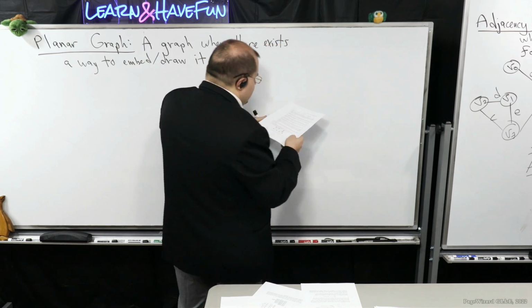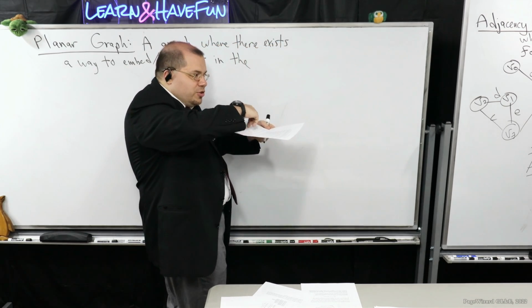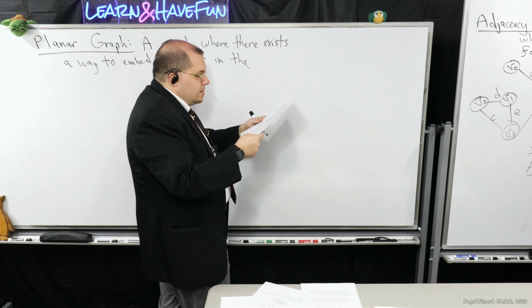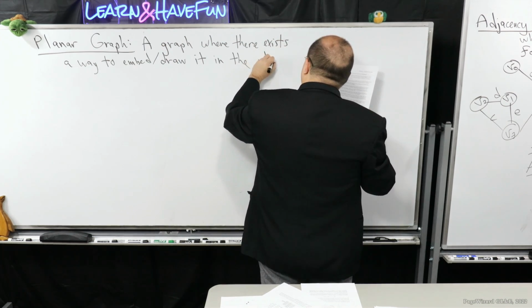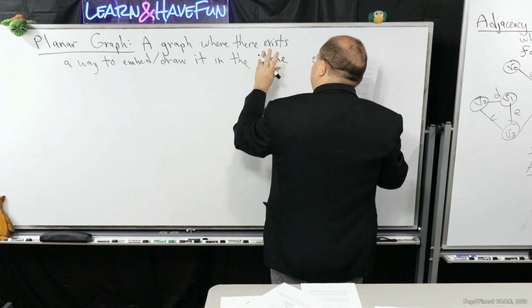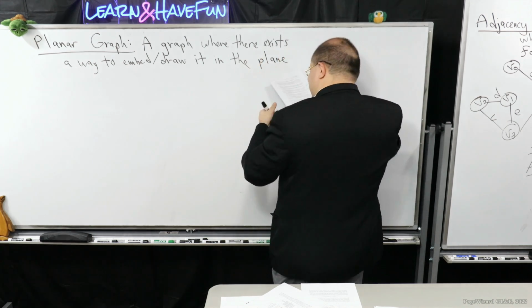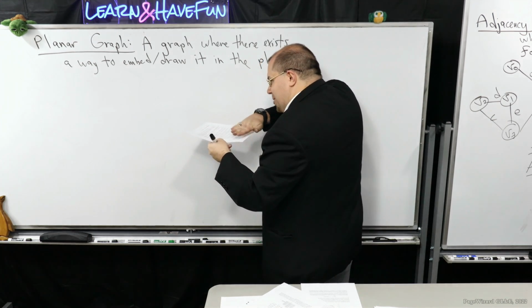When I'm talking about the plane, I'm talking about a piece of paper like this. So you could draw it on the piece of paper. I'm not talking about a literal airplane or something. Think of this like a piece of paper. I want to draw it here.